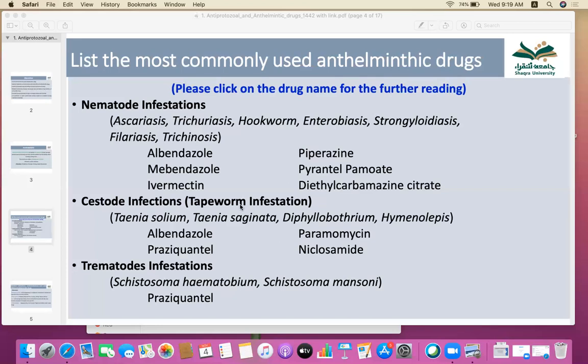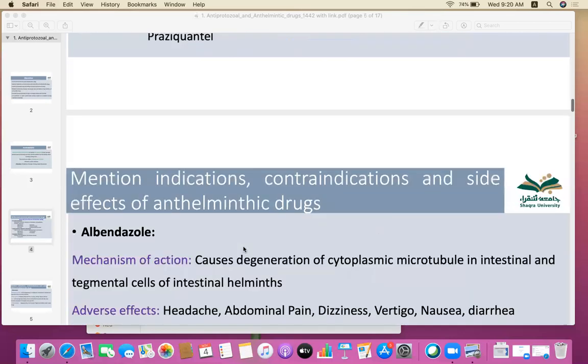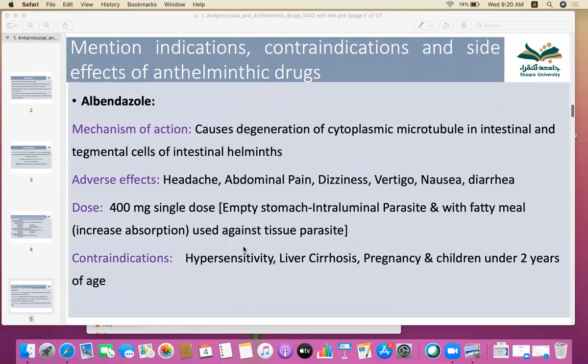Just click on the drug name, and you will get all the pharmacology of the drug. So please note that. The next objective is to mention the indications, contraindications, and side effects of anthelmintic drugs.